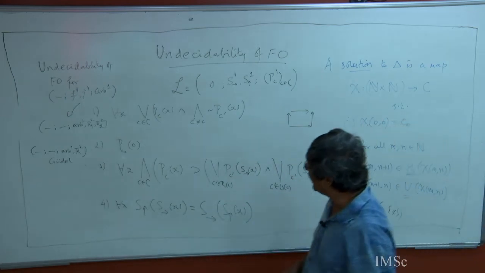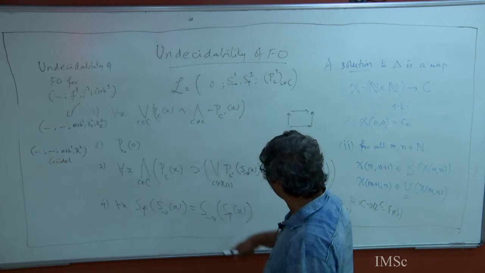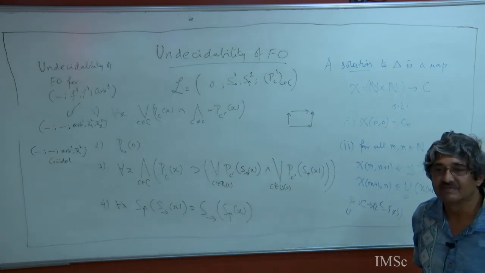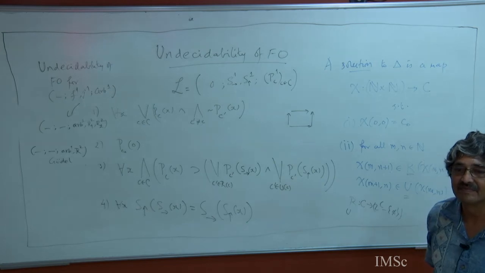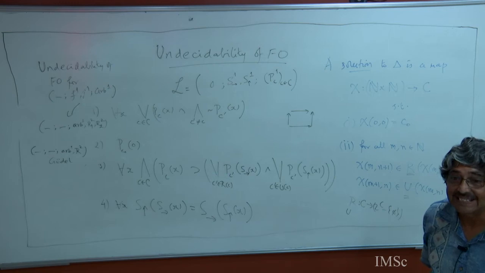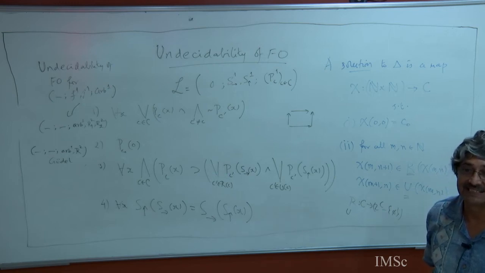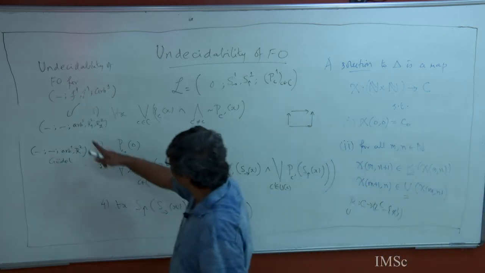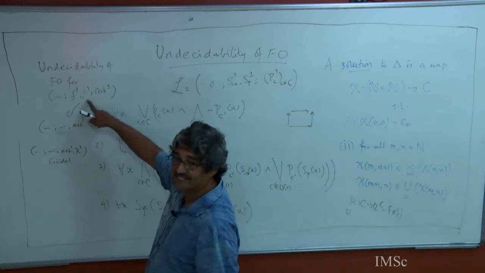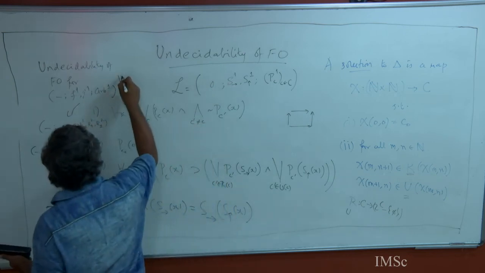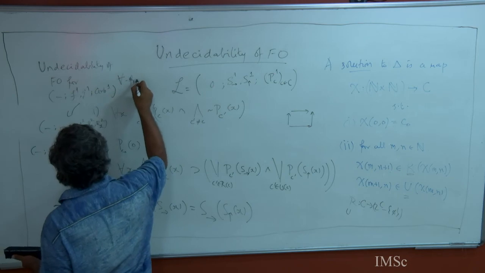I want you to realize, look at the kind of quantifiers we used. What quantifier did we use? For all. That's it. So what is very nice is that with two unary functions and arbitrary unary predicates, just the universal fragment is undecidable.